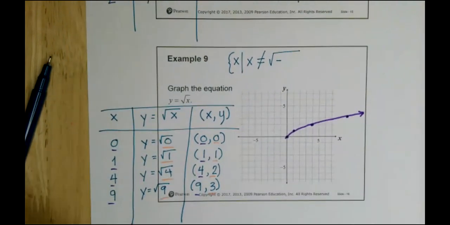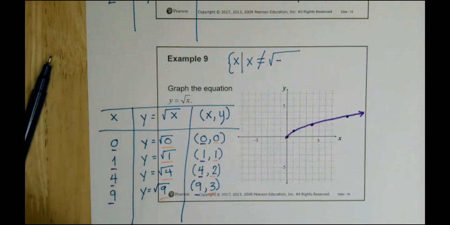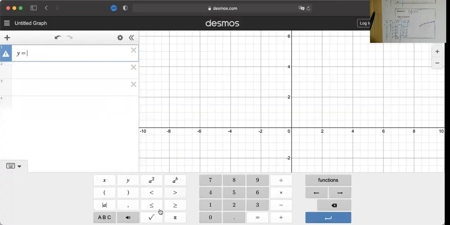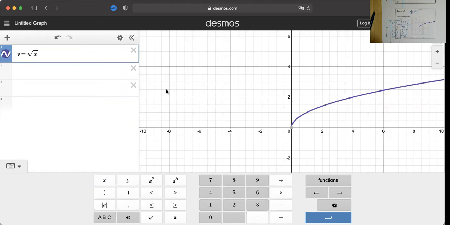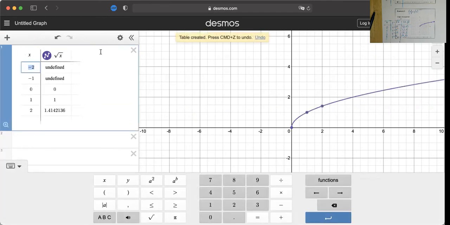And let's see if we can do it in Desmos. So delete that one. Sorry, I forgot to share my screen. All right, so y equals the square root of x. And, oh, if you push right here, you can look at the table. -2, undefined.